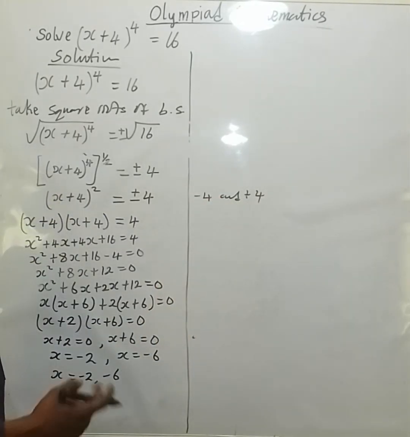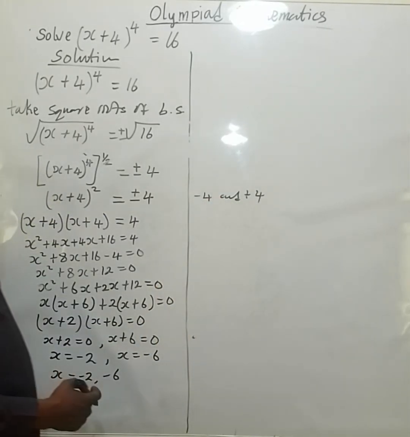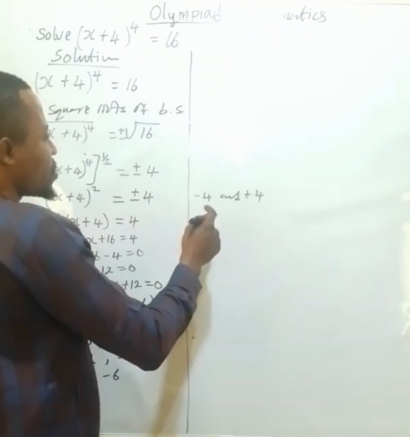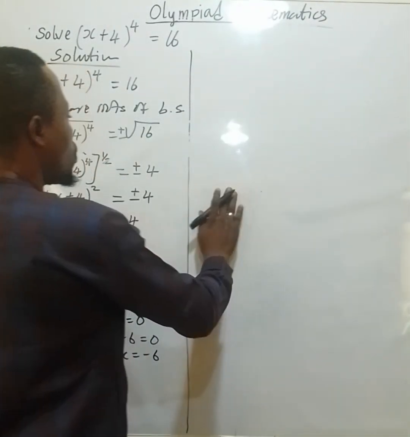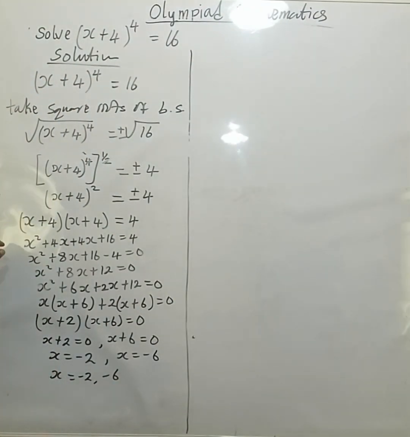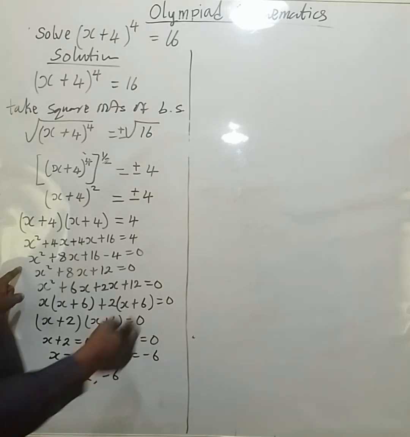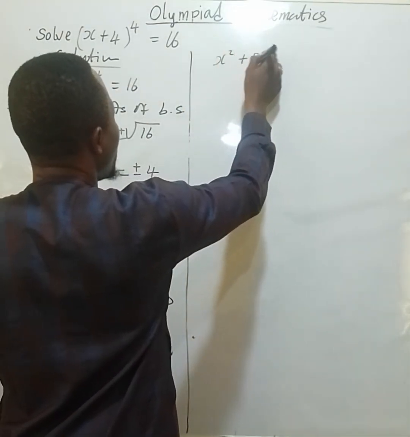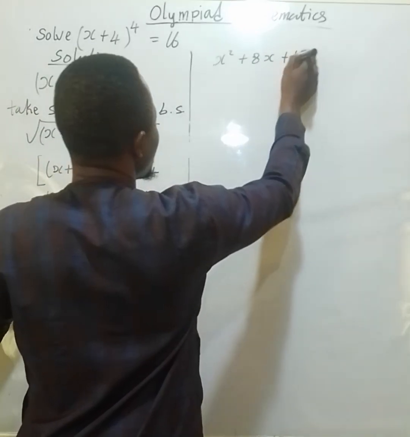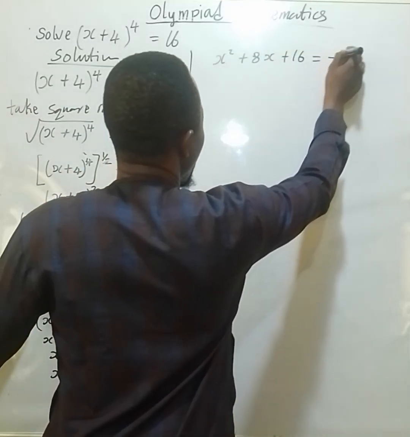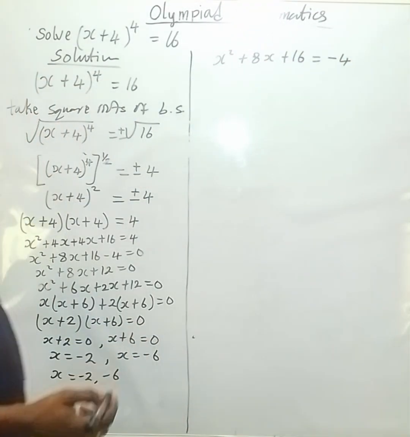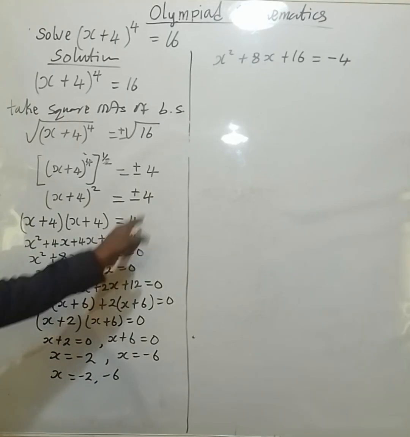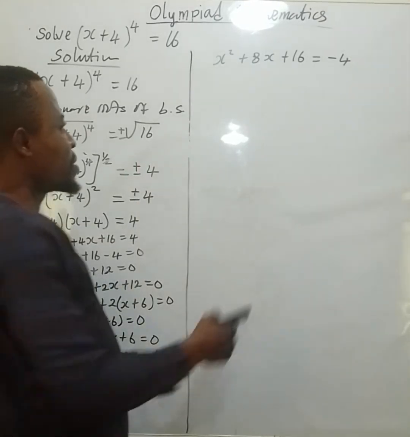Then we are going to solve for minus 4 now. Are we together? So let's now solve for minus 4. We are going to use the same quadratic equation. That says x squared plus 8x plus 16 equals minus 4. We have already worked with plus 4, then we are going to work with minus 4.